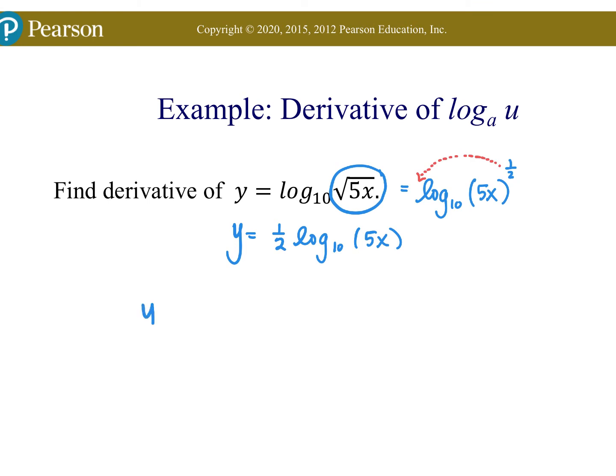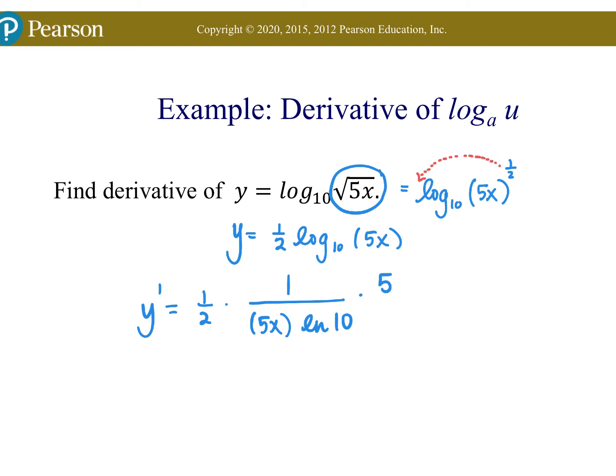So my calculus work will be y prime is, and I just have that constant 1/2 sitting out there. And then my derivative is going to be 1 over, part number 1 is the 5x, part number 2 is the ln, and that's of the base of 10. And part number 3 is the chain rule of the 5x, which is 5.